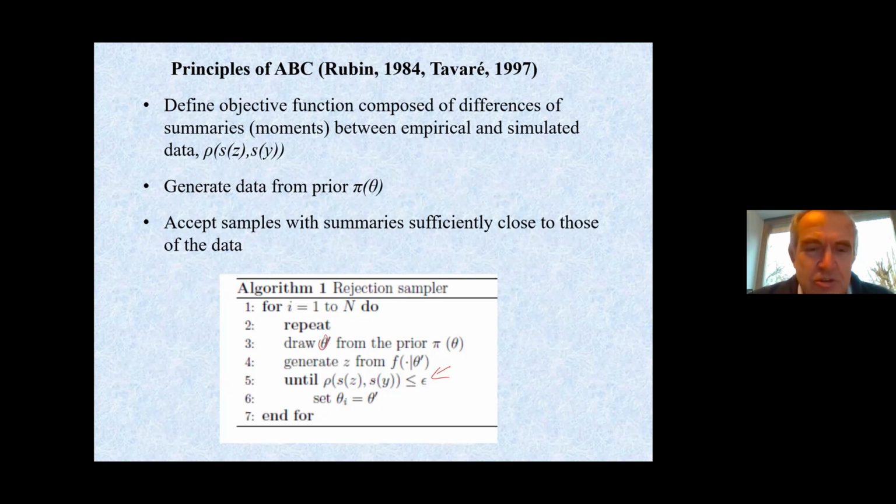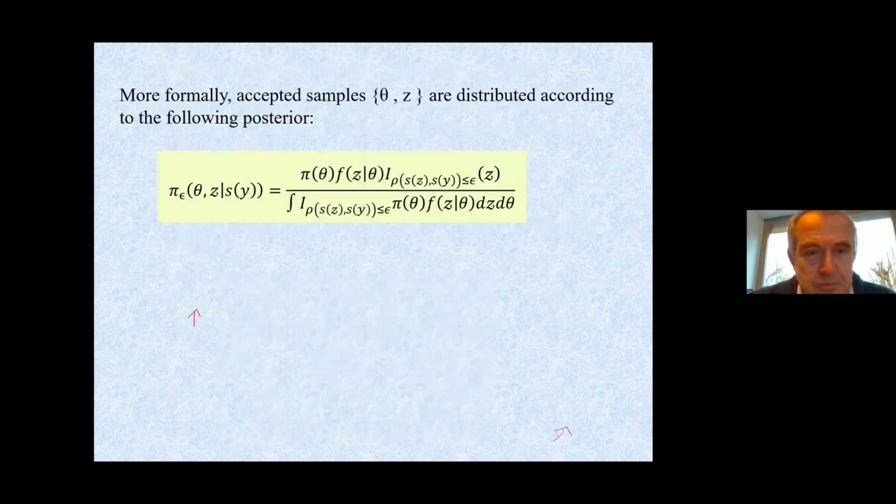So there's a huge computational demand in this naive approach, which is called the rejection sampler and was the first proposal of an implementation of this approximate Bayesian computation.